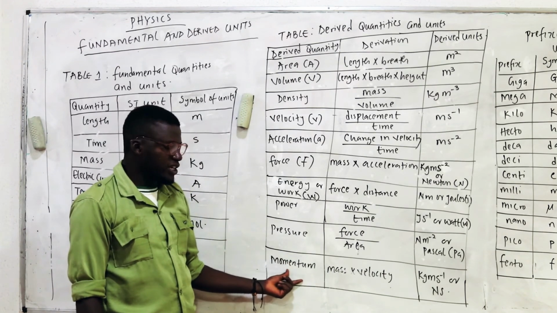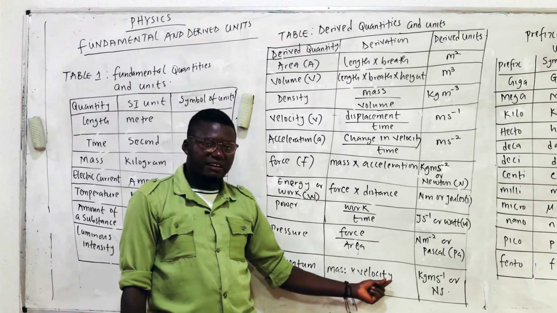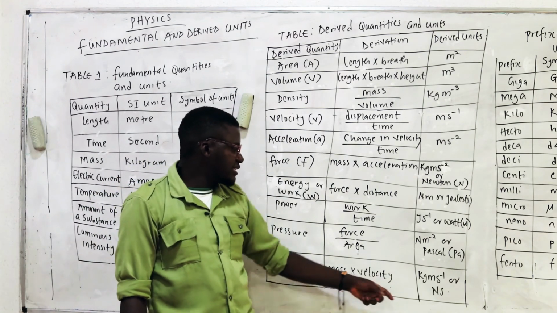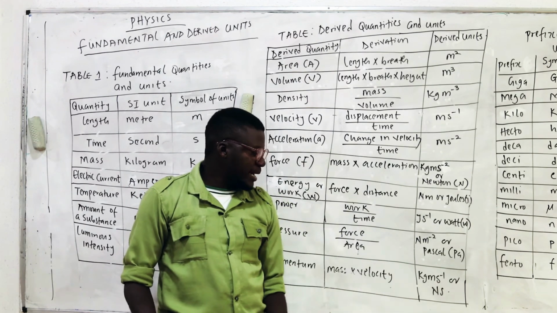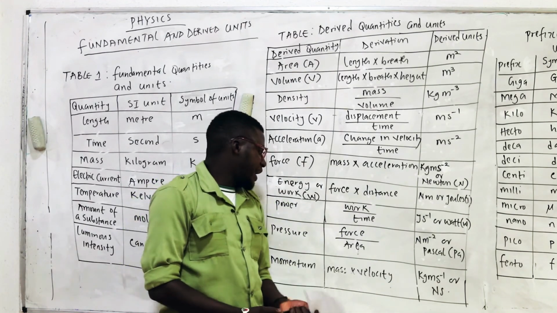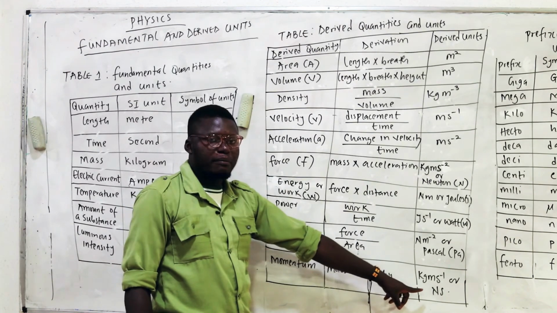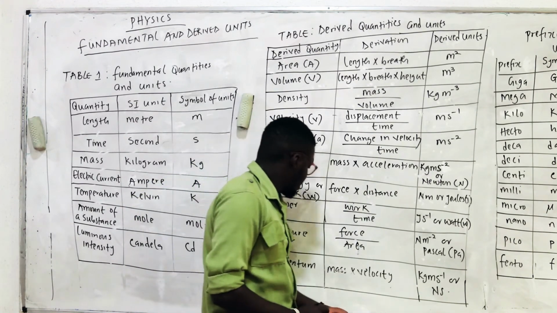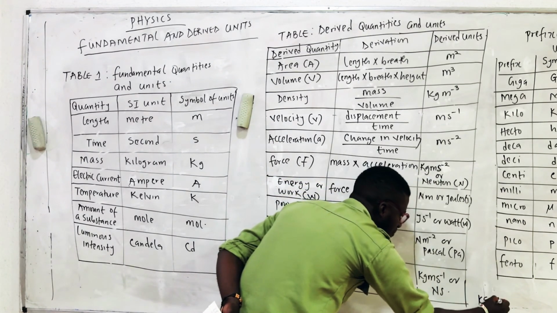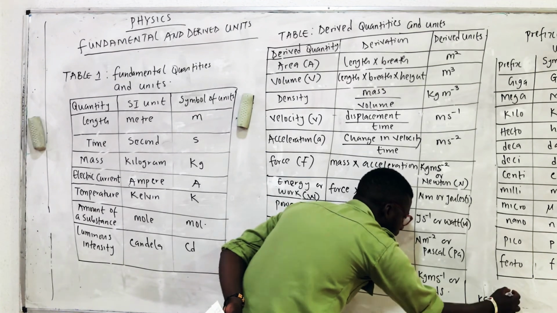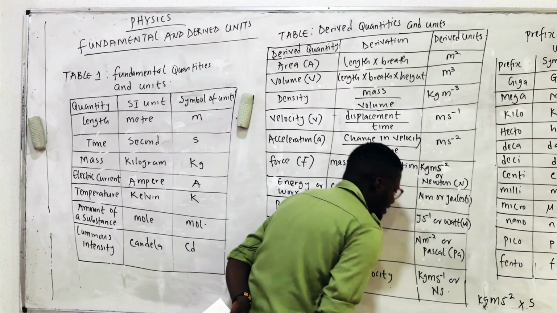Then the last one is momentum. Momentum is mass times velocity. My mass is measured in kilogram, my velocity is measured in meter per second. Or I can say my momentum is also Newton second, because in Newton I have kilogram meter per second square, then multiplied by seconds.